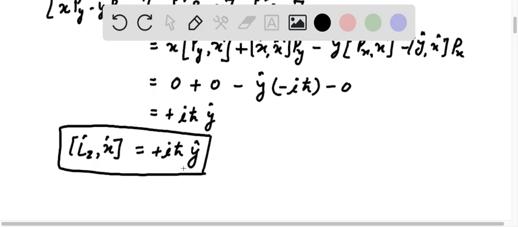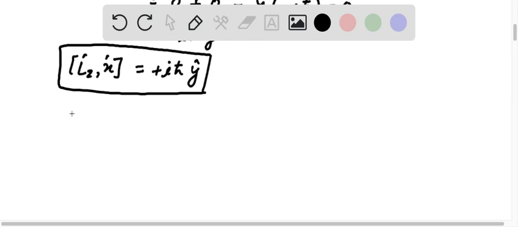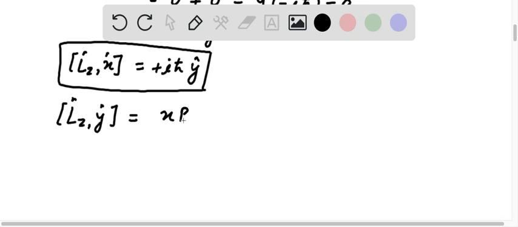Now in the second part, Lz with y. We write the Lz operator here, that is [x py, y] minus [y px, y].